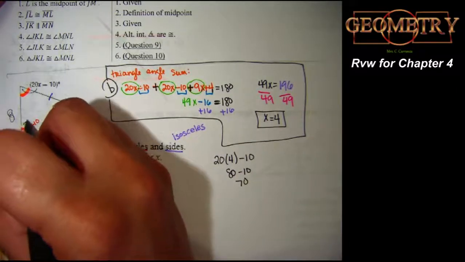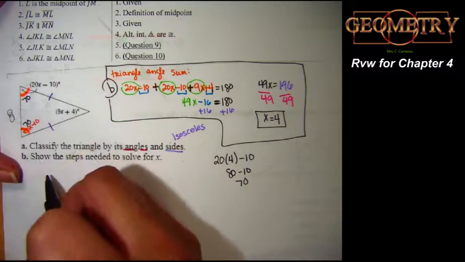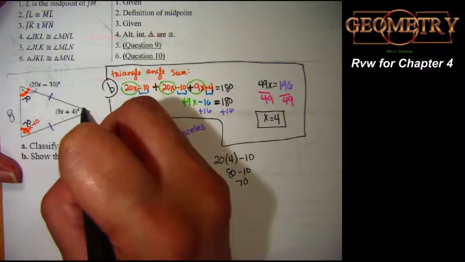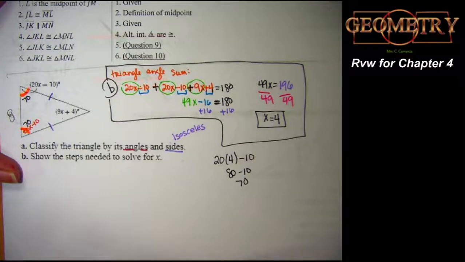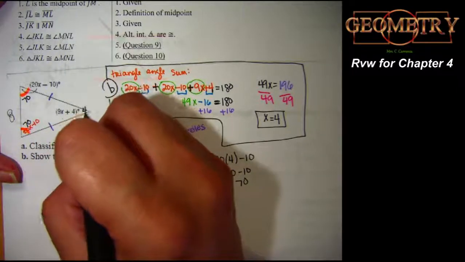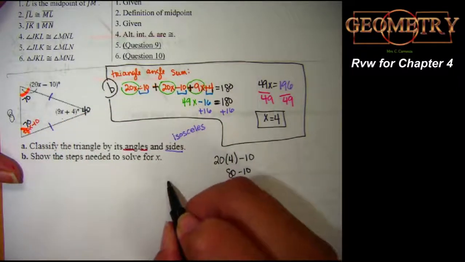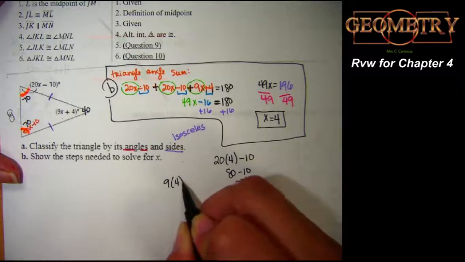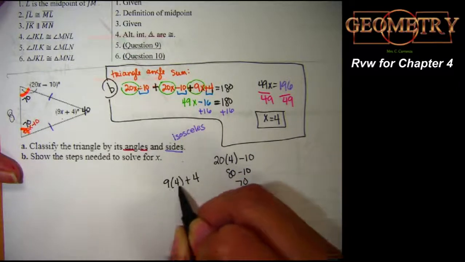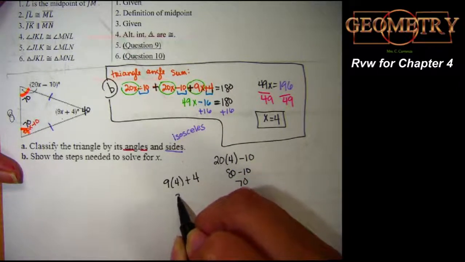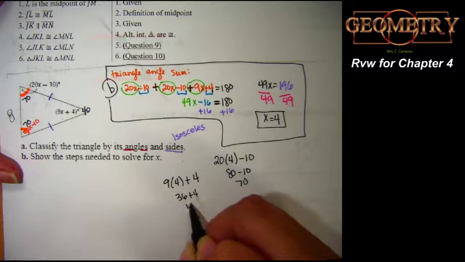So this angle is 70. This angle is 70. That means this angle must be 40. Well, if we're not sure, we could always come back and do this. 9 times 4 is 36. 36 plus 4 is 40.